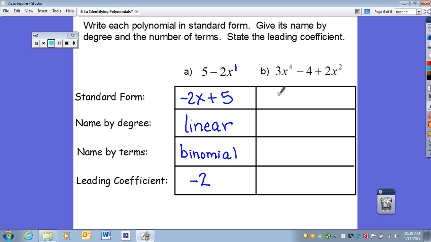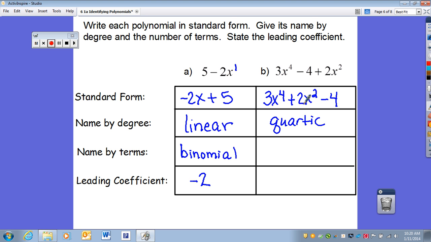In our next example for letter B, our largest exponent would have the term 3x to the fourth. Then our next highest exponent would give us 2x squared, and then our last term would be -4. To name this by the degree would be to look at the highest exponent, which is a 4, and that would be a quartic function.